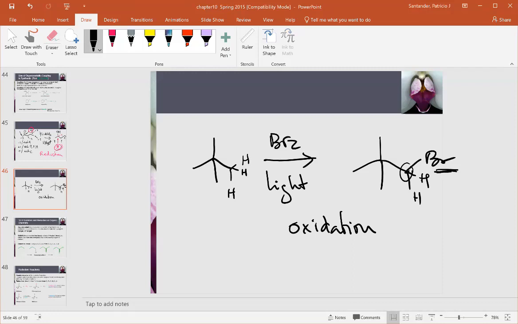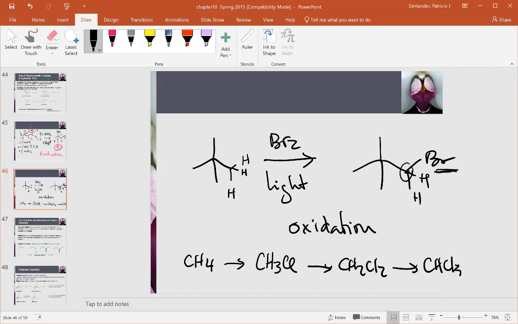So if I go in a series, let's say that I go from methane to CH3Cl, chloromethane, then I go to CH2Cl2, and I go to CHCl3, and then I go to carbon tetrachloride.